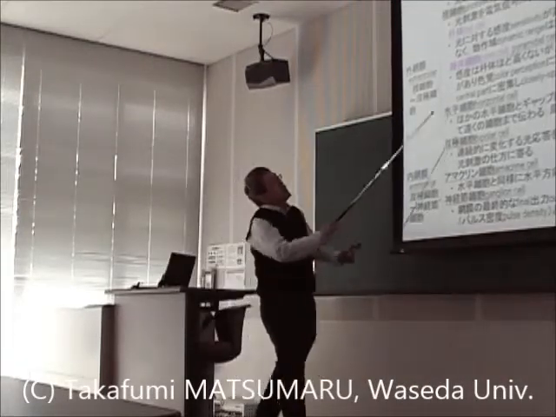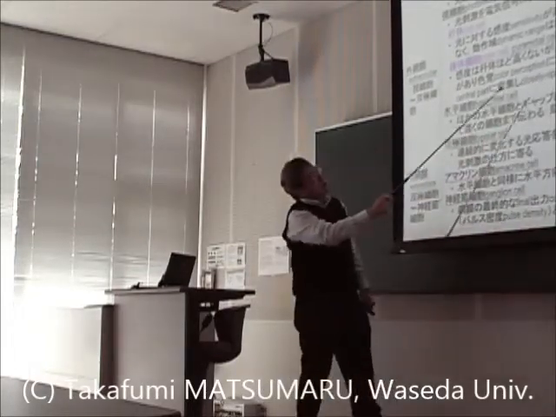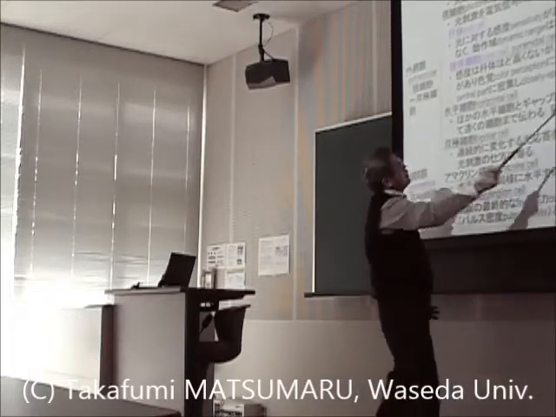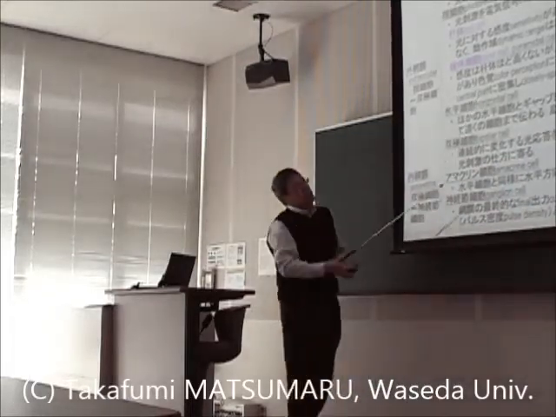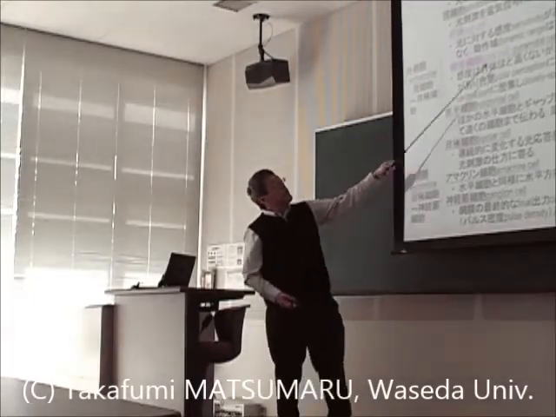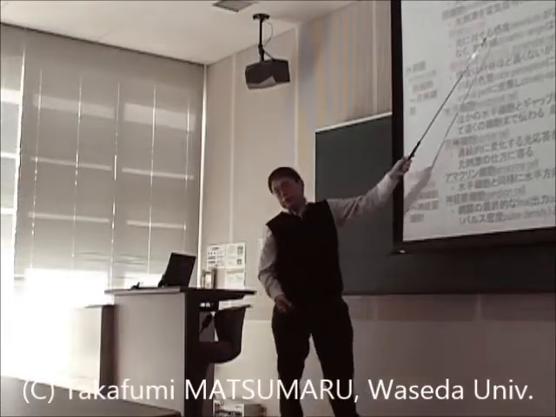Some part is for the brightness, and some part is for the colors: red, green, blue. Three kinds of cone cells are here, so this part is for color detection. Rod cells are mainly for brightness detection.